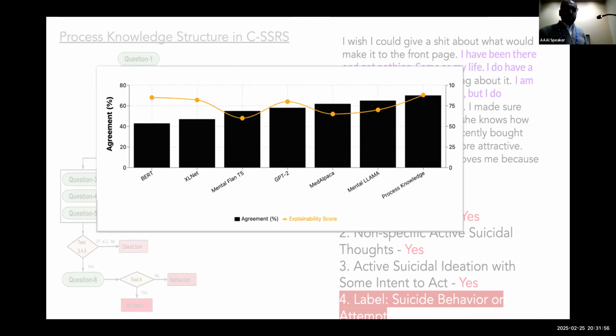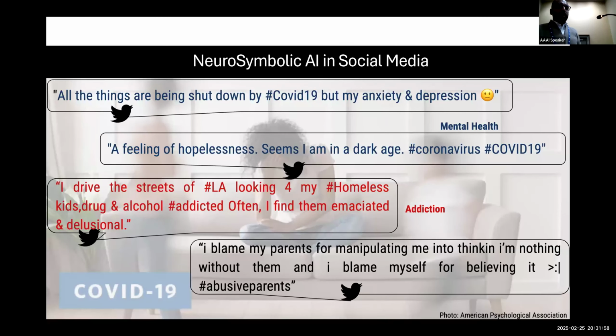Now, we translate this into another segment of work where we explored this part in the social media spaces. Why did we do it? Because whatever we were doing in the previous spaces was very much guarded with the right set of information. In wellness dimensions, I have the right set of definitions. In terms of suicidality, I have the questionnaires to help us with the right set of information and the process knowledge.